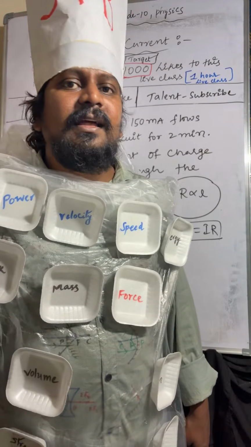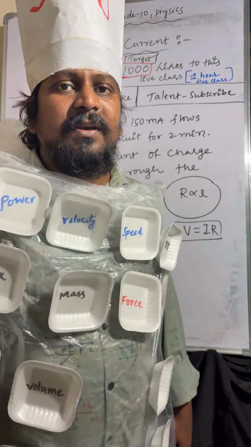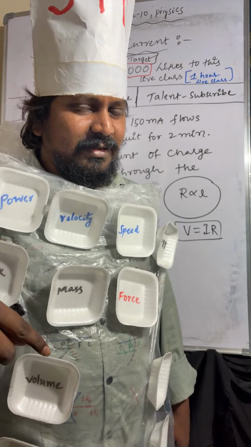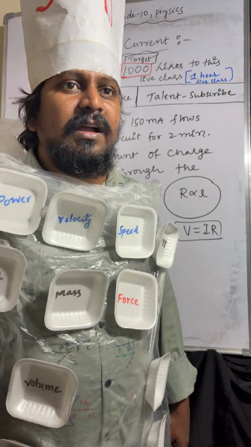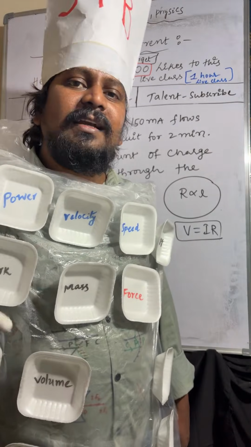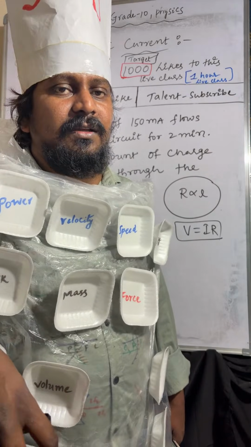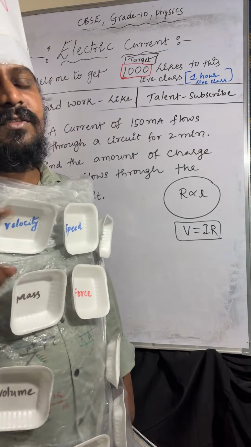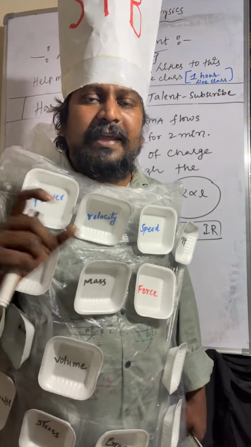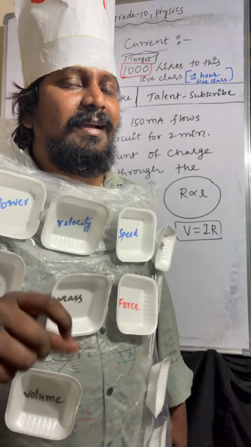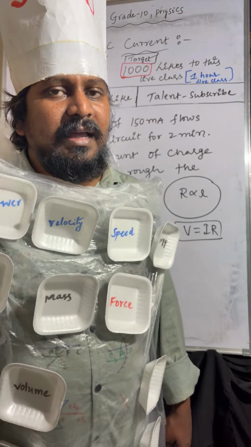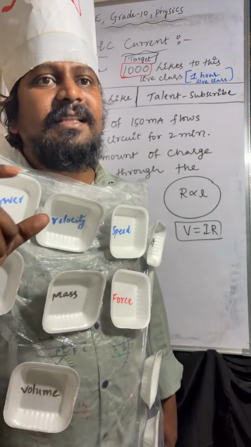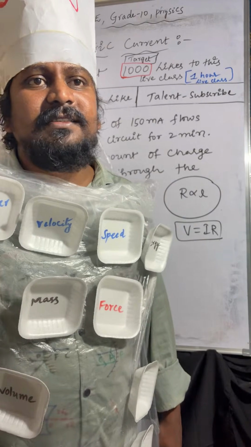What is happening in the circuit? Resistance is increasing, double compared to the previous one, so the current is decreasing. With the help of the activity we are taking that. Understood? V equal to IR, from Ohm's law, according to the factors resistance depends on.